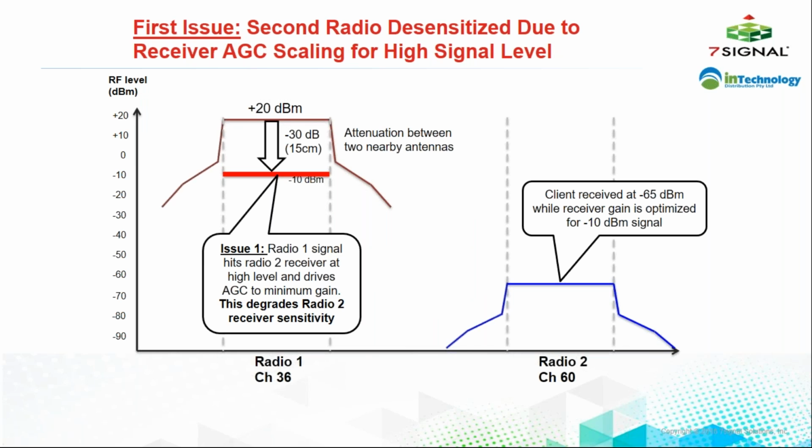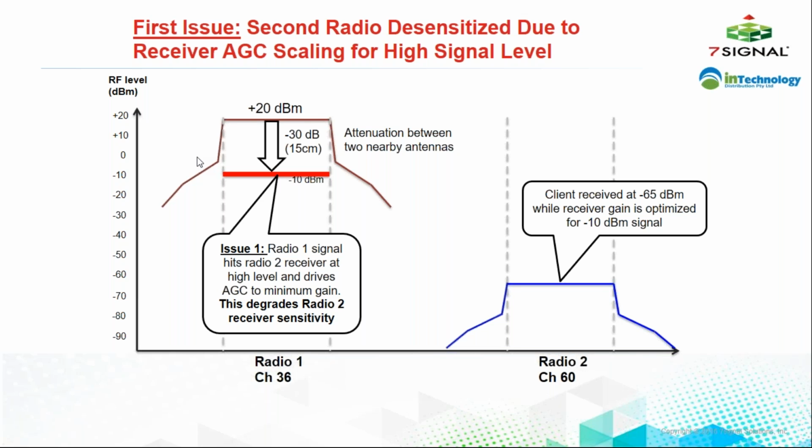Here's an illustration of what I'm talking about. These are the two radios right next to each other inside the access point. When one is serving clients, like radio 1 here, there's attenuation, where it actually blasts the radio next to it, and in doing so raises the noise floor, and this causes problems with automatic gain control.